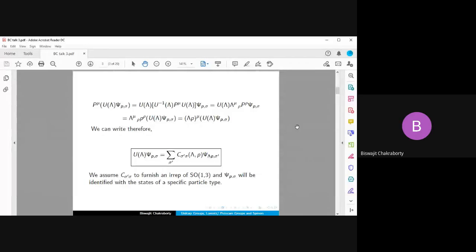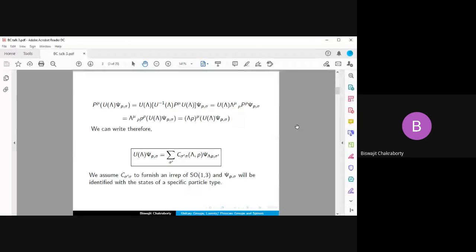So what you get is that you are indeed showing that under the action of U lambda on psi p sigma, this goes into a state which can be labeled by lambda p. So lambda p mu is the eigenvalue of these things. So these states in turn can be labeled by lambda p as a 4-momentum.